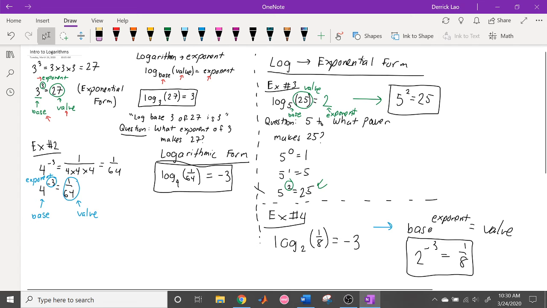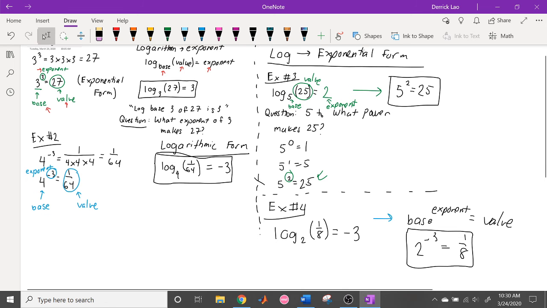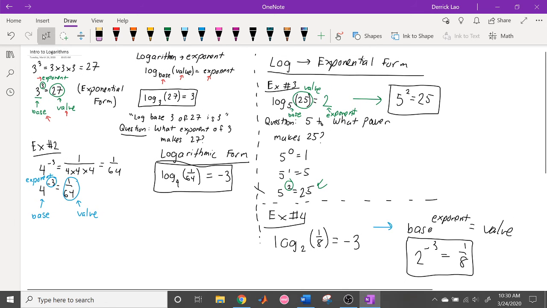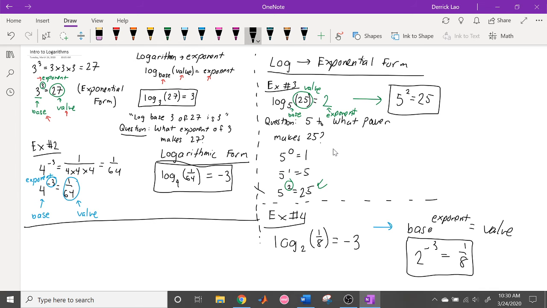And so this is logarithmic to exponential form. We're switching between these two forms, and that's the main thing. Now, the last example I do have for you guys is what if I didn't actually give you the value?